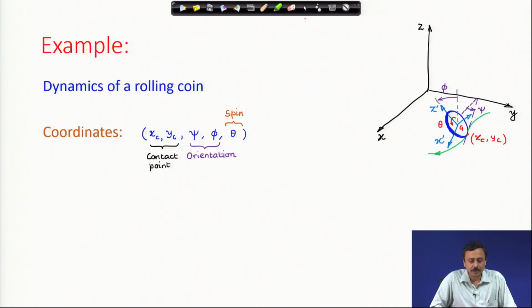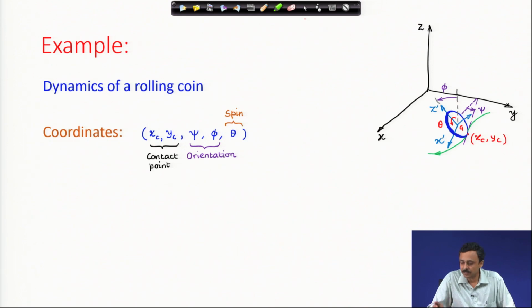Now, let us look at this example, which we have discussed actually before, the dynamics of a rolling coin. Coordinates are x_c, y_c, which are the contact point coordinates of the coin with the ground. I have shown it on the figure, x_c, y_c are the ground contact points. So, those two coordinates and the orientational coordinates psi and phi.